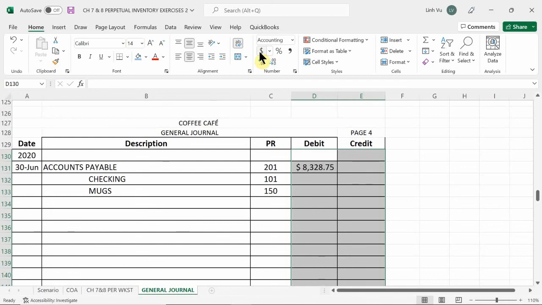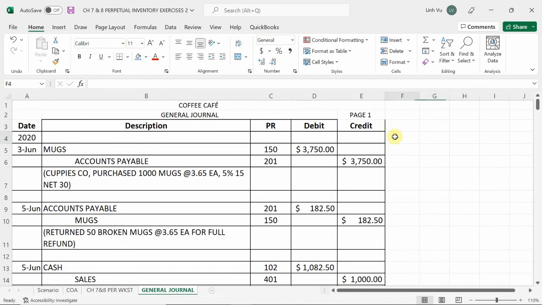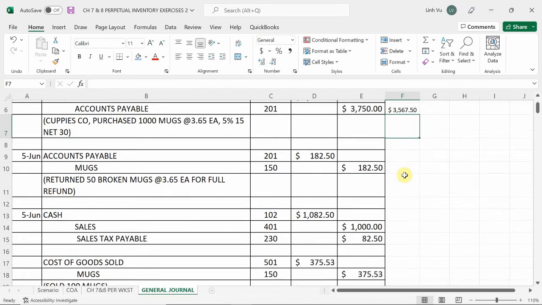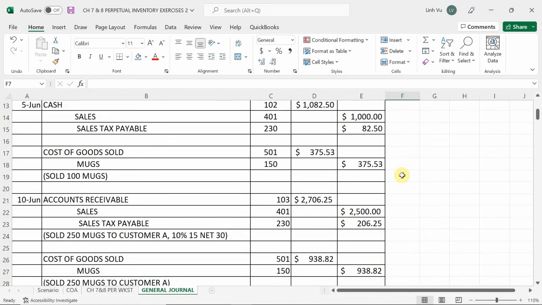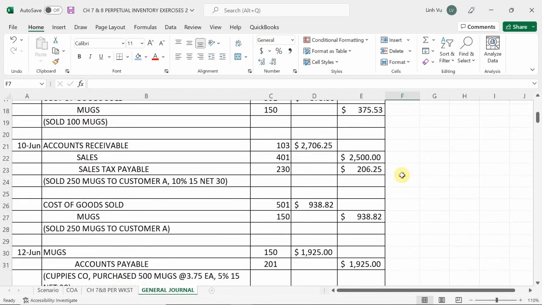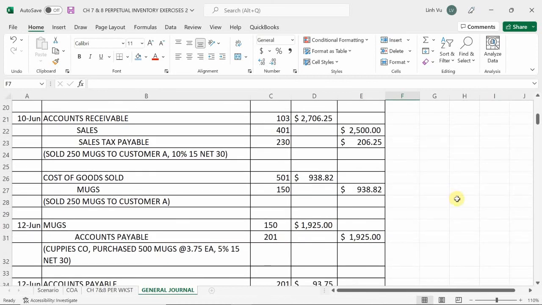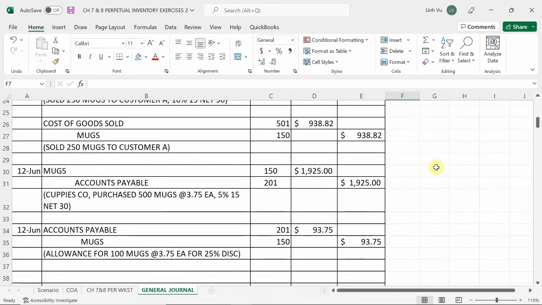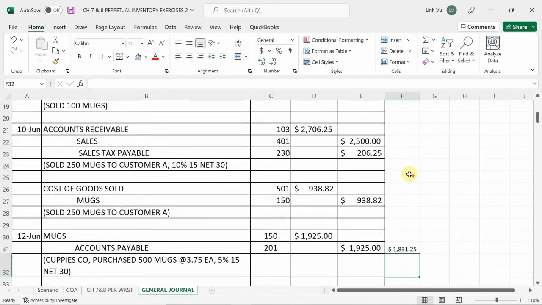So in this case, I got a grand total of $8,328.75. Okay? So let's double confirm that. Let's triple confirm that. So in this case, my first batch would have been $3,567.50. Plus 1,831.25. Okay?